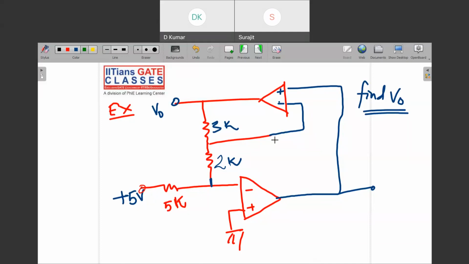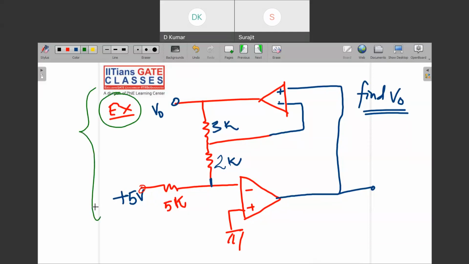Can you please discuss some op-amp frequency response part, like unity gain frequency and bandwidth? I have a little doubt on that. Yes, we will discuss. All those concepts we will discuss as our need arises.